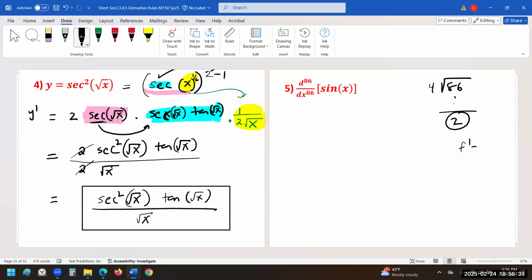So the first derivative of sine is cosine, and for the second derivative, what is the derivative of cosine? Negative sine. So what is our answer? Negative sine of x. Ellen, do you have negative sine of x for 5? You do? Okay. Any question?